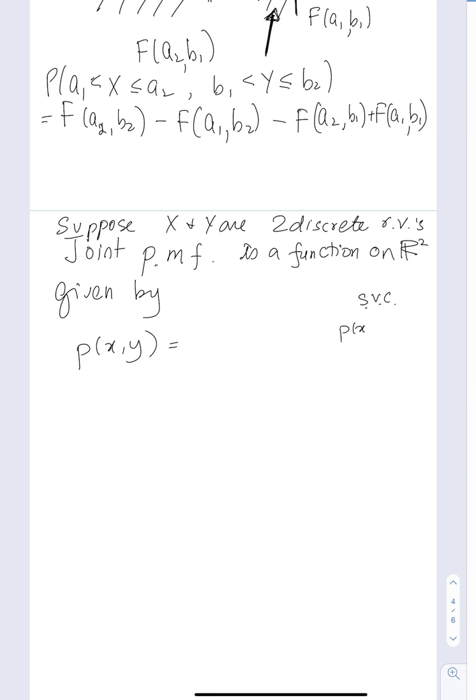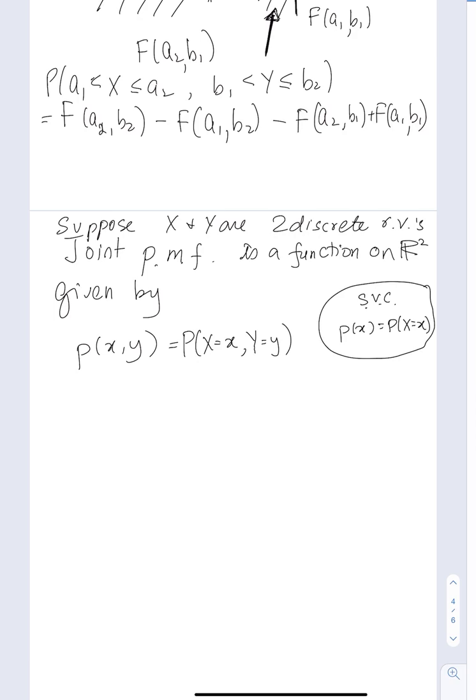You have little p of x is the probability capital X equals little x, okay? So in the joint variable case, what do you think this will be? It'll be probability X equals little x and Y equals little y. That's what this is, okay? So that's the joint probability mass function. You talk about this when both the random variables are discrete.